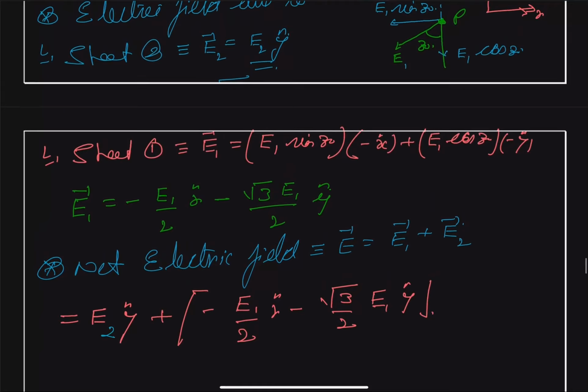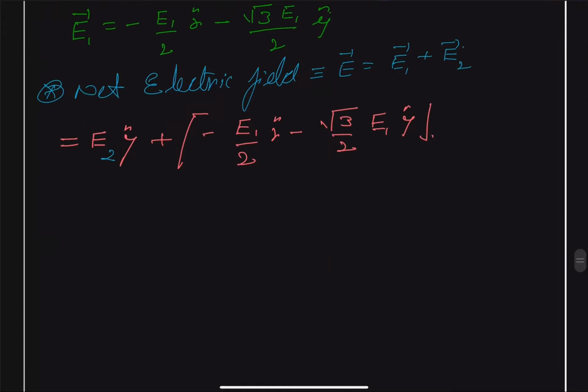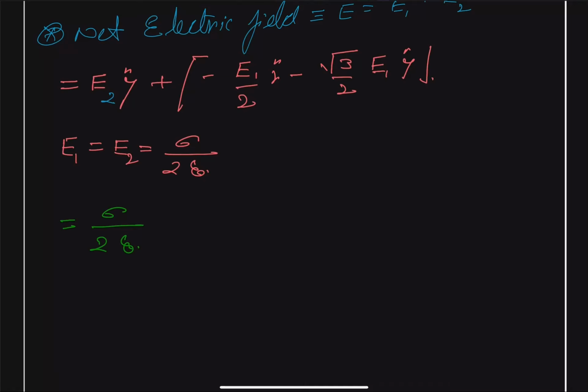And because they are equal, E1 will be equal to E2, and we know that E1 is equal to E2 is equal to sigma upon 2 epsilon naught, which we can take common. Therefore we can write sigma upon 2 epsilon naught, we are left with y unit vector minus 1 by 2 x unit vector minus root 3 y unit vector.